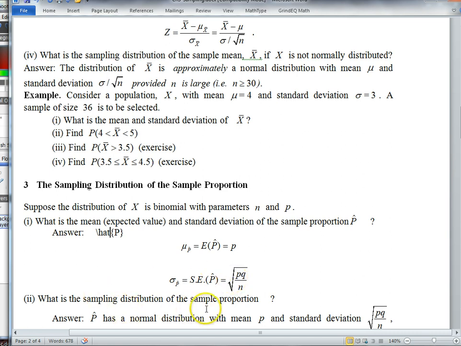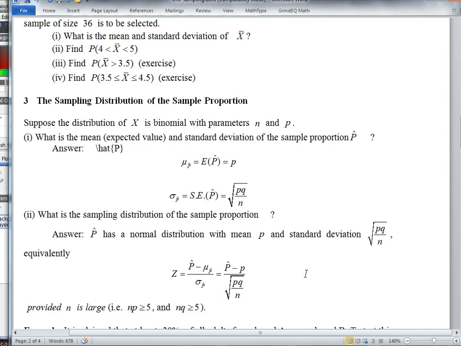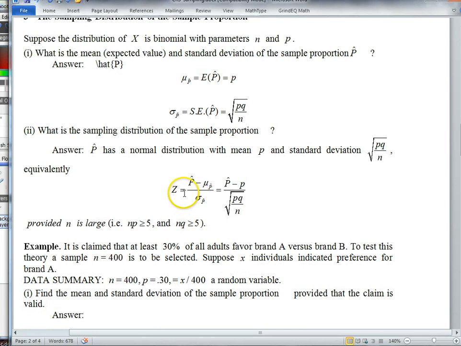So what's the distribution of the sample proportion? This is really similar to using the normal approximation to the binomial, except now instead of dealing with the number of successes, we're dealing with the proportions. So z is going to be p hat minus the mean of p hat divided by the standard deviation of p hat.